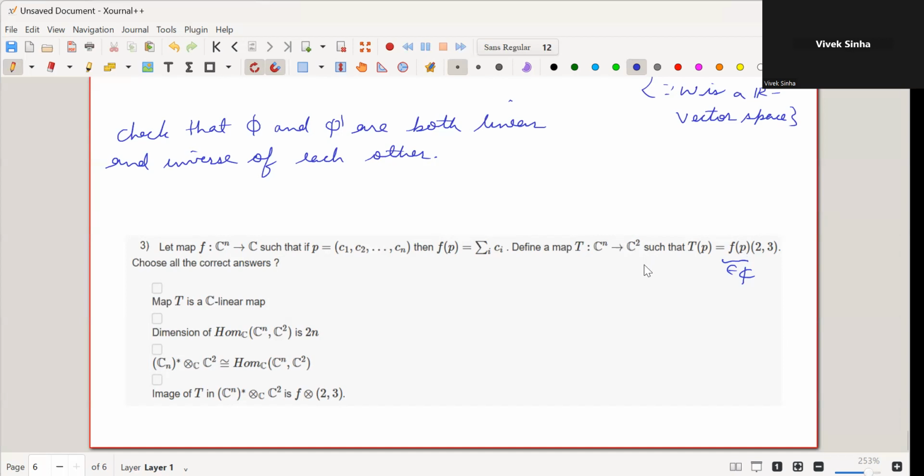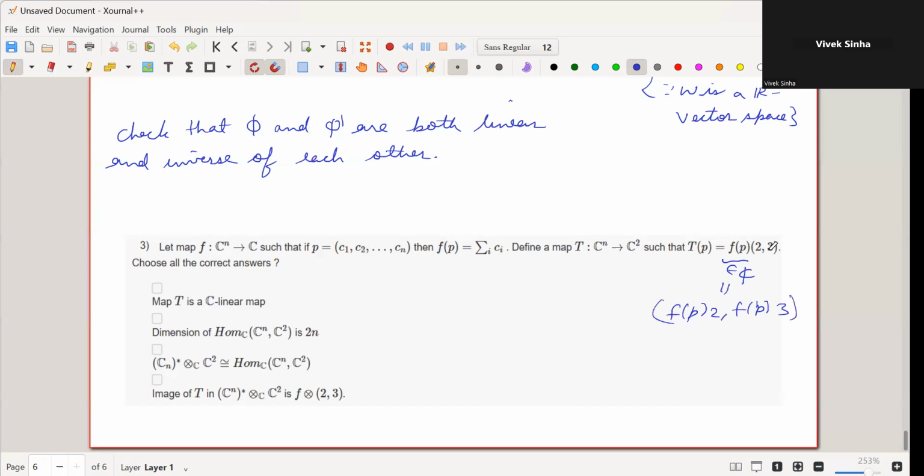C square has two-tuples, so the elements here are two-tuples in C, right? So what does F(P)(2, 3) mean? You just multiply it inside, F(P)·2, F(P)·3, right?